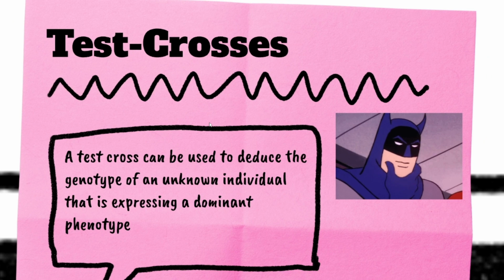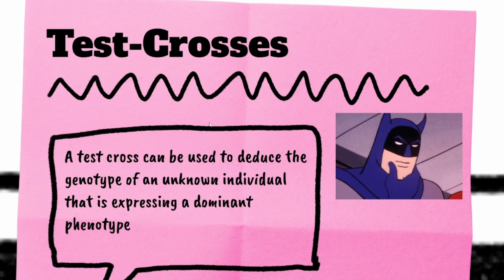Now test crosses. Remember, what is a test cross? A test cross is used to deduce the genotype of an unknown individual if you know that it is expressing a dominant phenotype. If you know that black color is the dominant phenotype, and we know that it's black, how are we gonna get its genotype?